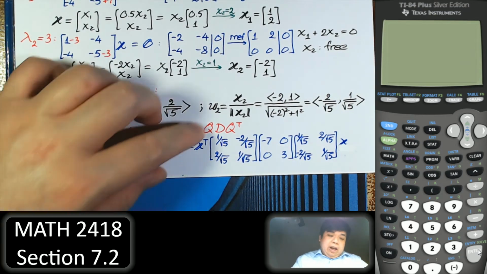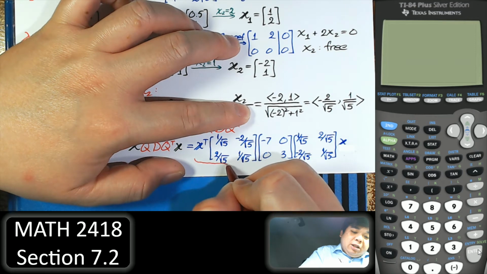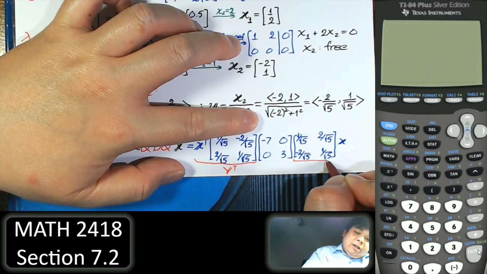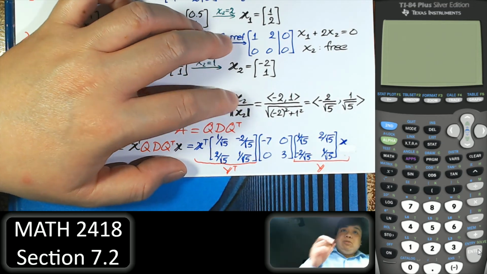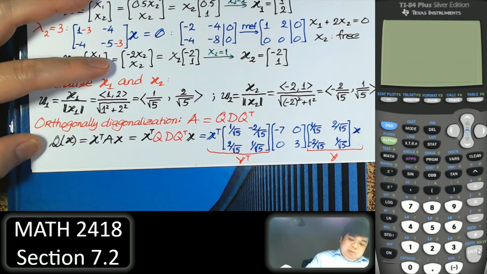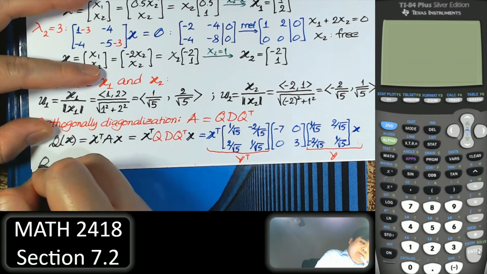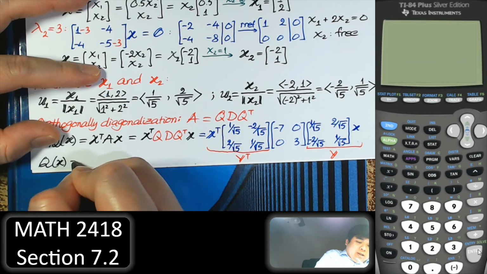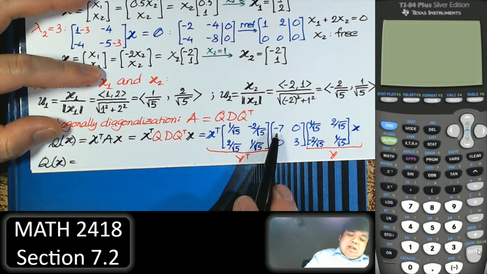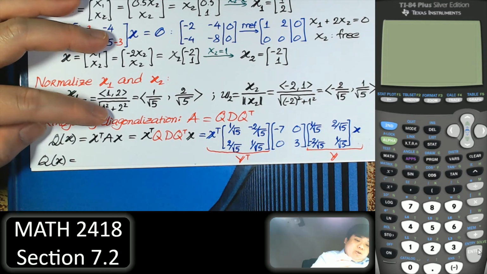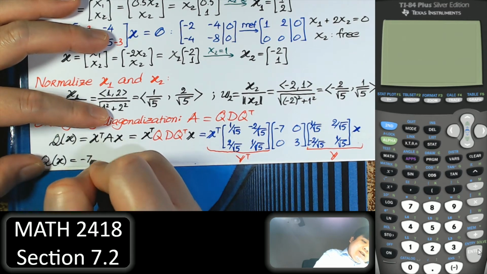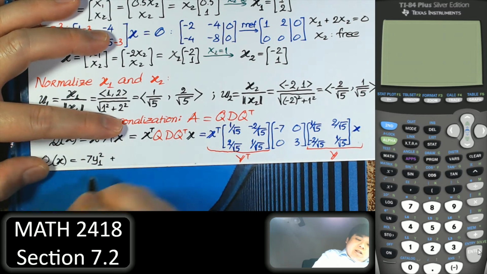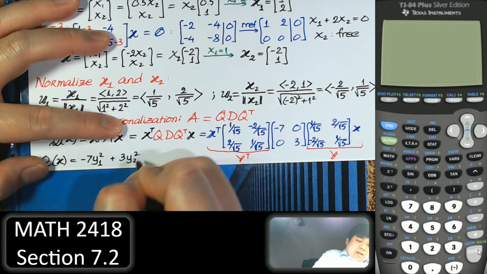Right. And after that we're going to say this here is going to be Y transpose, and this here is going to be Y. So after all of that, we will turn the quadratic form, let's use the script Q of X, equal to Y transpose times -7 and 3 times Y. So it's going to be -7 Y1 squared plus 3 Y2 squared.